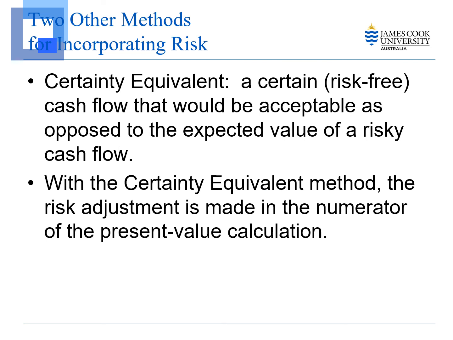The third method of accounting for risk is computing the certainty equivalent cash flow: a certain risk-free cash flow that would be acceptable as opposed to the expected value of the risky cash flow, and using this certainty equivalent cash flow to compute the NPVs. So with the certainty equivalent method, the risk adjustment is made in the numerator of the present value calculation.